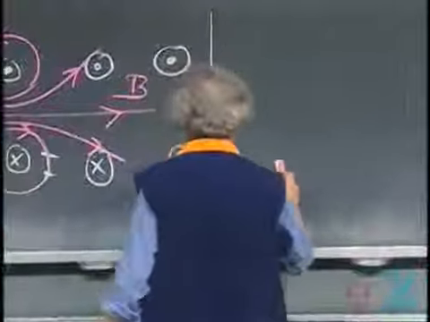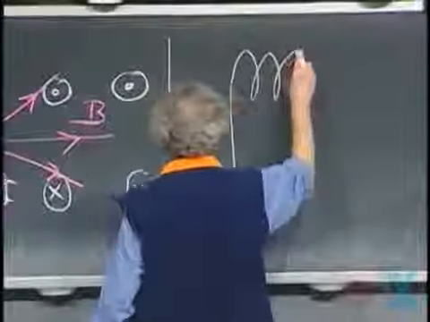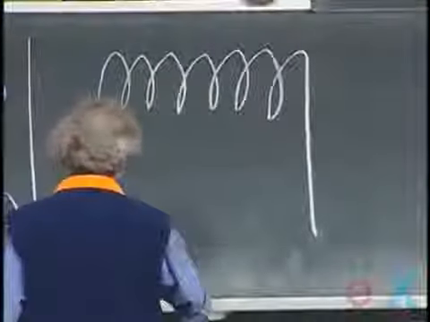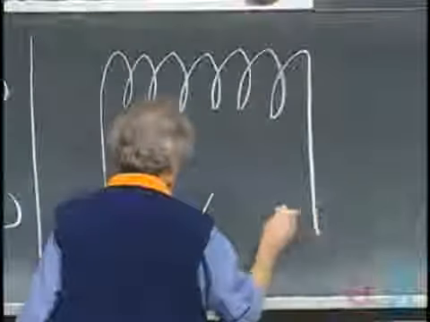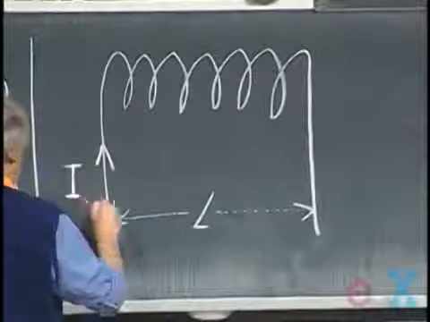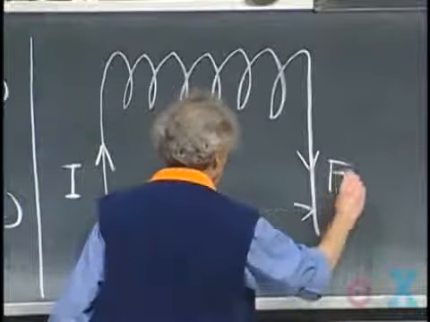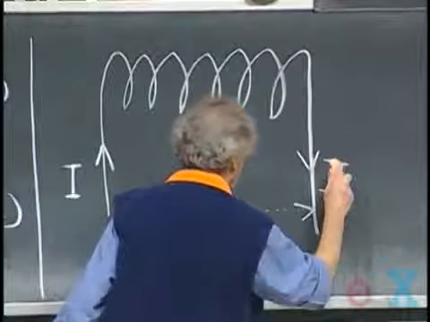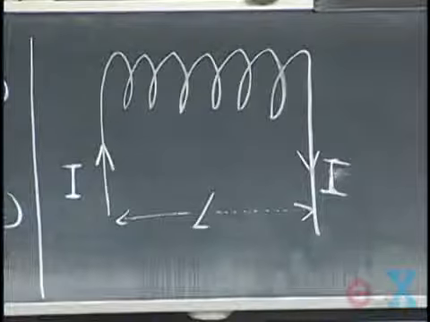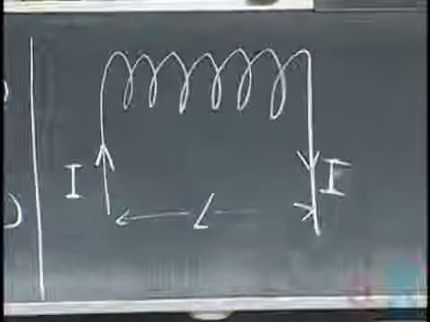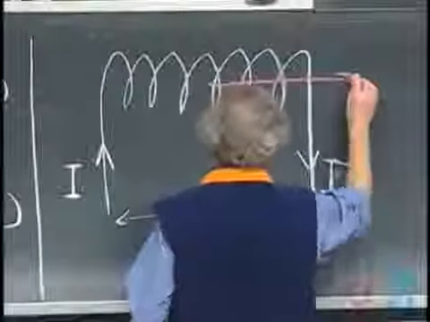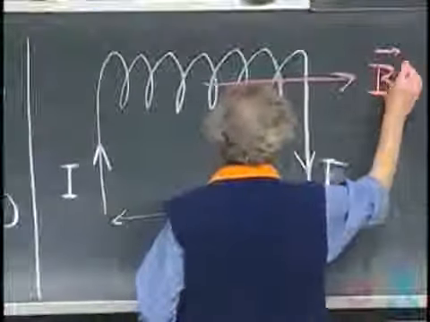Let this be my solenoid, and the length of the solenoid is capital L. A current I is going through like so. I assume that if I look from the left side, the windings are wound clockwise, so I know that the magnetic field is then in this direction.